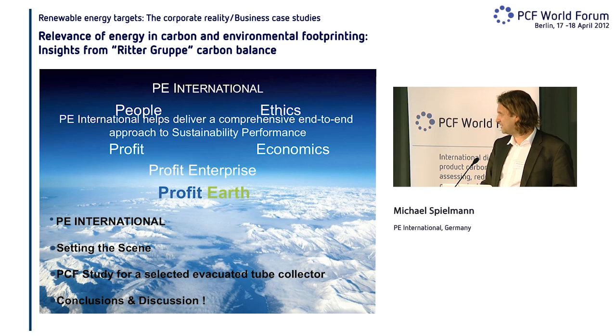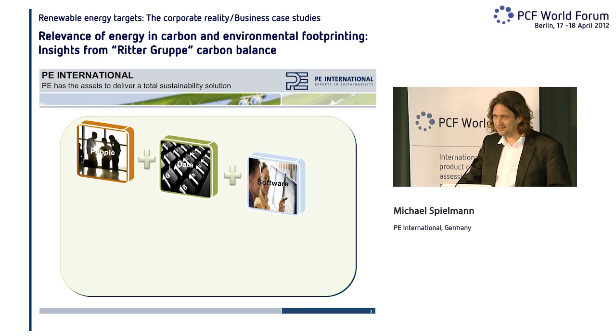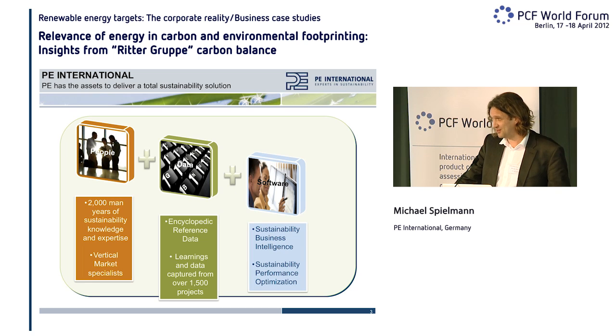So, P International, I think most of you probably heard about this company. P International is basically about people. That means we are a consulting company. I myself feel and prefer to be a consultant.